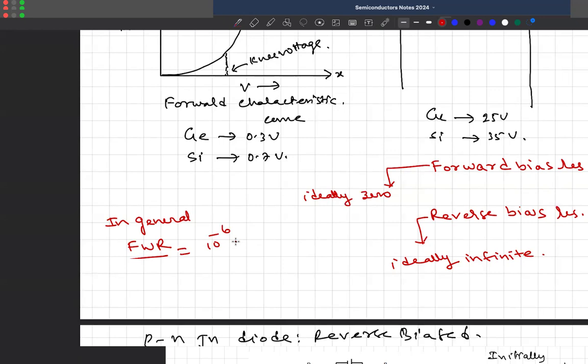Just for your idea. I just want to give you a range, the 10 power minus 6 range. I said ideally infinite, ideally zero. In that case, zero by infinite is not definable.